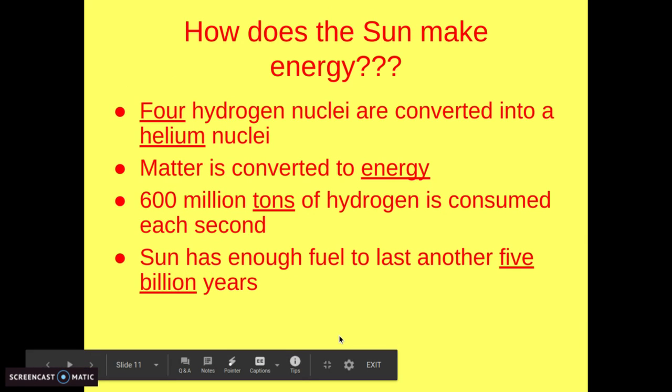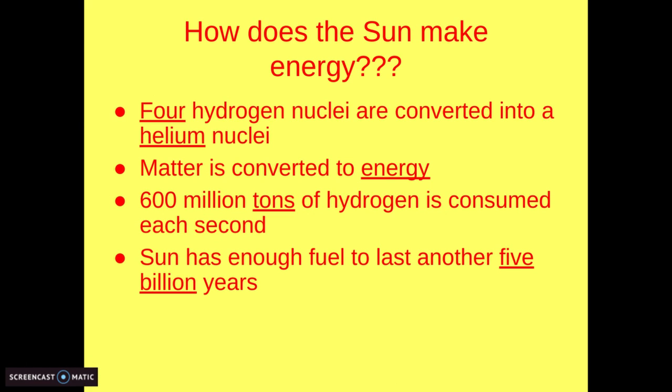So it takes specifically 4 hydrogen nuclei to fuse together to form a helium nucleus. The matter is converted into energy, so that's where all the energy comes from in the sun. And then it takes about 600 million tons of hydrogen each second to form into different elements such as helium.